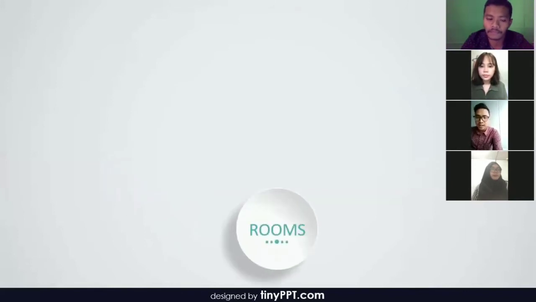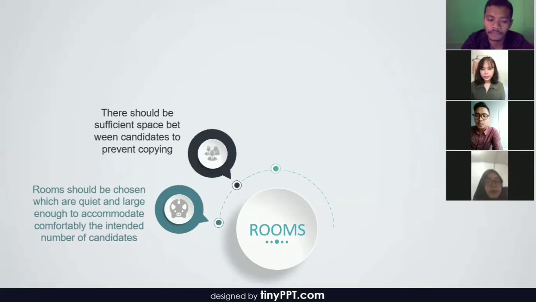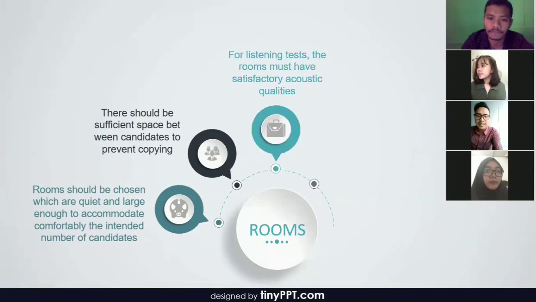Next, the rooms. For the first, rooms should be chosen which are quiet and large enough to comfortably accommodate the intended number of candidates. Second, there should be sufficient space between candidates to prevent copying. Third, for listening tests, the room must have satisfactory acoustic qualities.